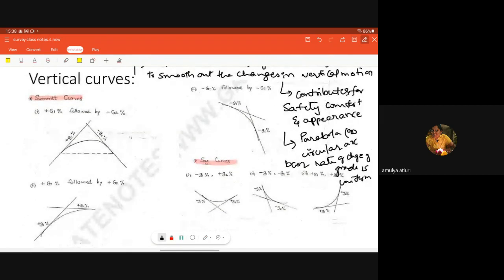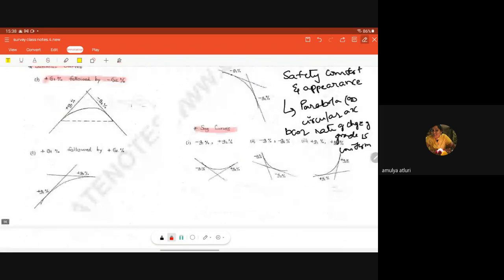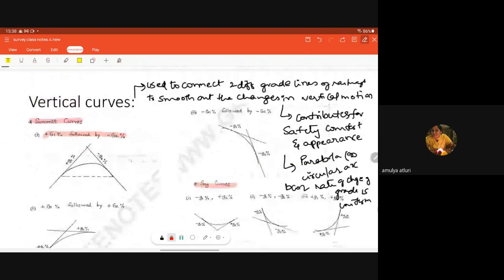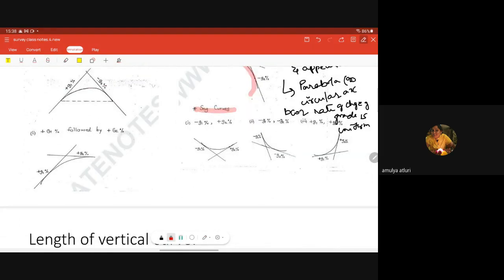If my positive gradient is followed by a negative gradient, or a positive gradient is followed by another positive gradient, then the curve formed is called a summit curve. And if a negative gradient is followed by a negative gradient, then what are sag curves?